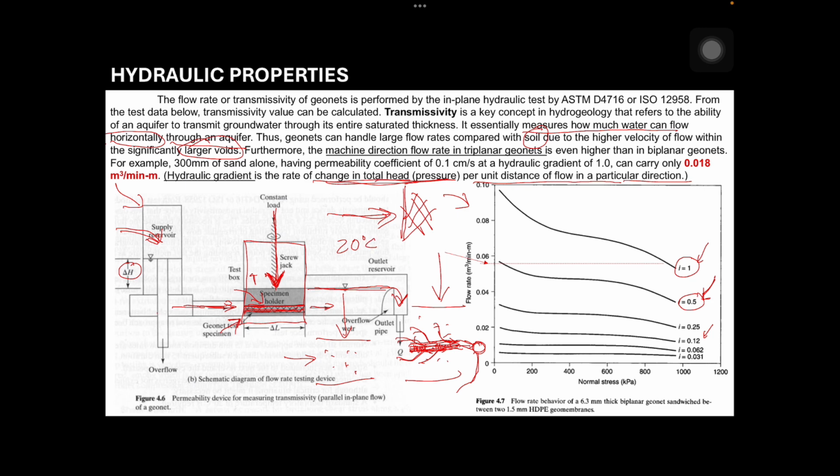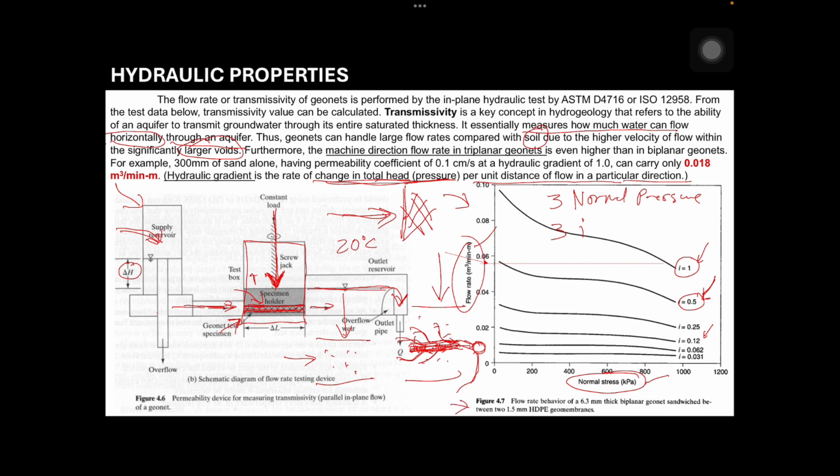So, when testing geonet, to know its flow capacity under pressure, you need to test the geonet at 3 normal pressures and 3 gradients, 3 gradients and 3 normal pressures, to form the curve of your geonet. It is a curve of normal stress versus its flow rate.